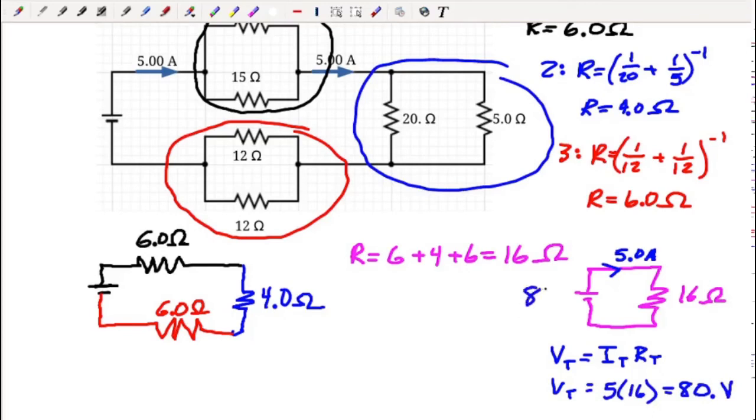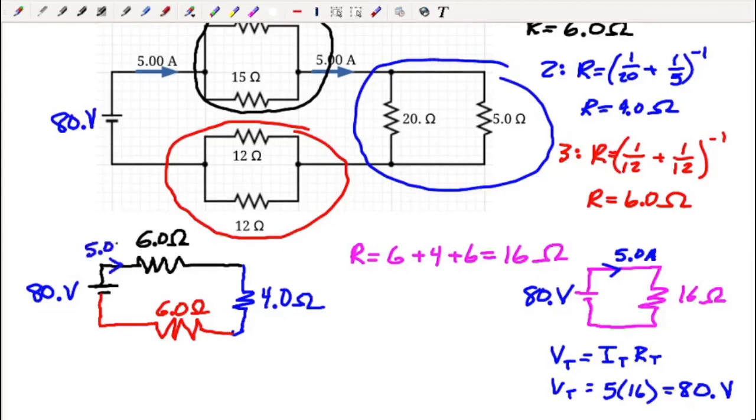So my total voltage, 80 volts, is going to be true on each of my circuits. So this 80 volts is 80 volts. It's the same cell. I haven't changed the cell or the battery in each of my circuits. And this 5 amps is also going to be true for this equivalent circuit.